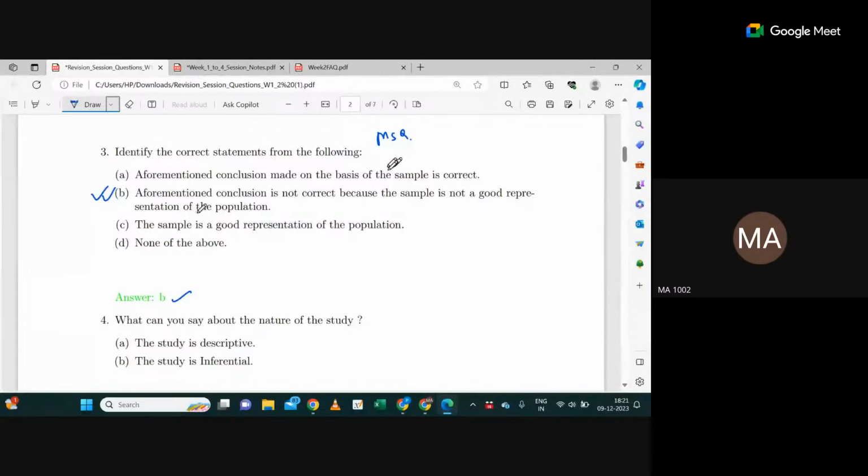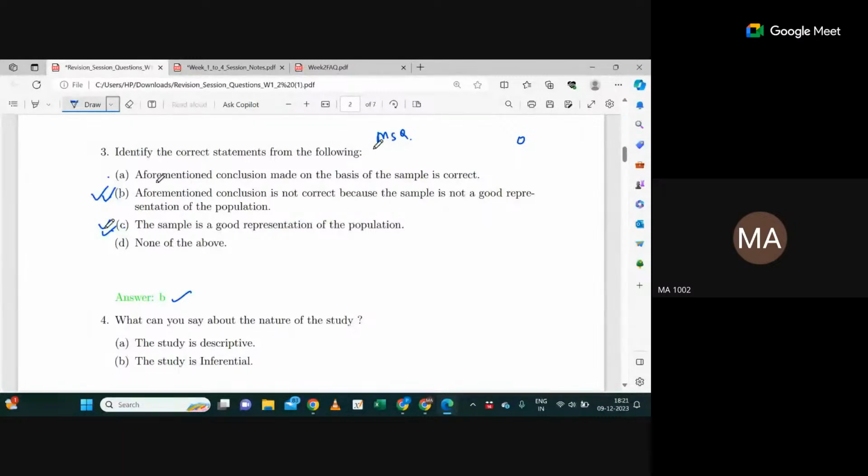Now suppose in this question B and C are correct, and you have selected A, B, C all. Then you will get 0, because you have selected one wrong option. If B and C are the correct options and you have selected any one, either B or C, you will get half the weightage of that question.